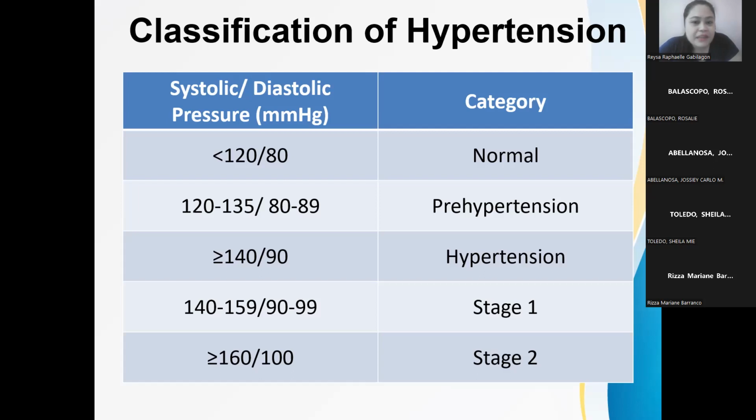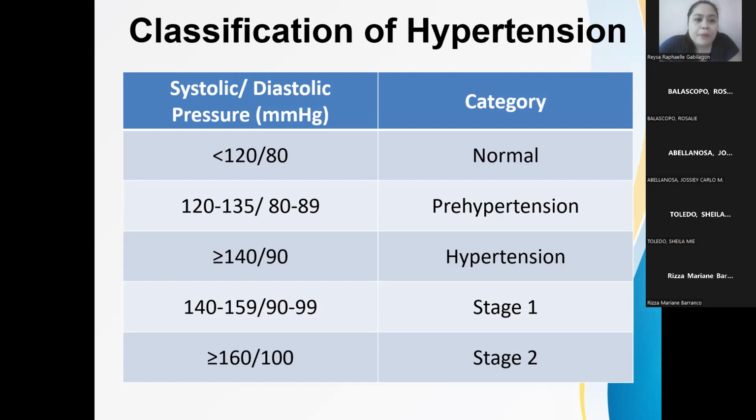So please look at where your blood pressure falls. Again, if it's only 120 to 135 or 80 to 89 for the diastole, it is still called pre-hypertension. It's not yet hypertension. You are not yet hypertensive, but it's not normal. You're in the borderline, okay? Borderline for the disease or for the condition.